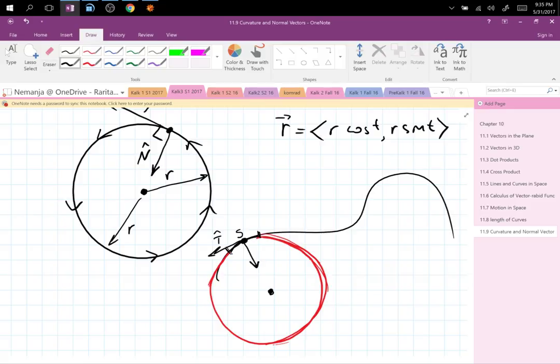So these normal vectors are at every point, and any time when you have a straight piece, there is no curvature there. So the tangent line is along the path, and the normal vector will be perpendicular, and curvature is 0.